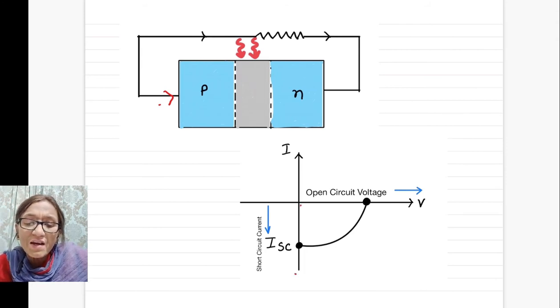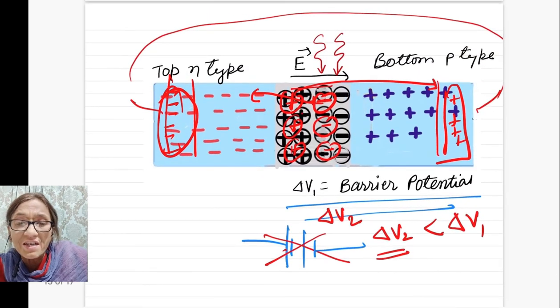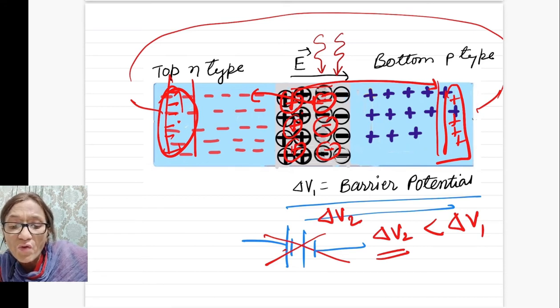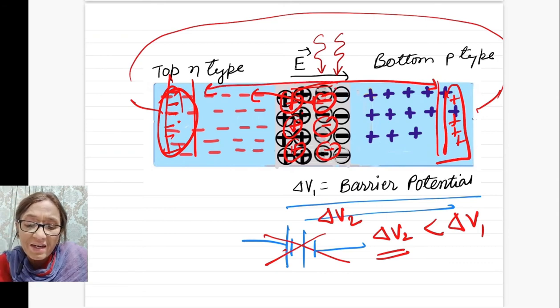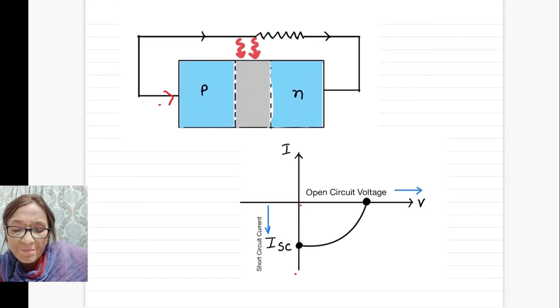And also you can find that these are minority carriers which are shifted along this side, because this is due to minority current, because minority current only flows along this side. This is the direction of minority current, and these are in reverse bias only. So this current in this graph is in your fourth quadrant.